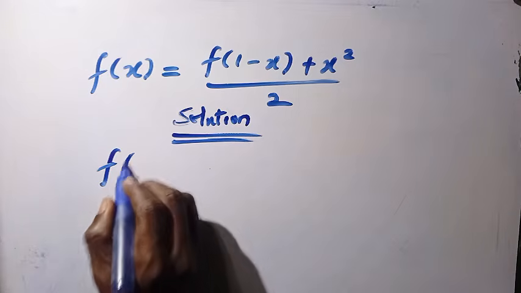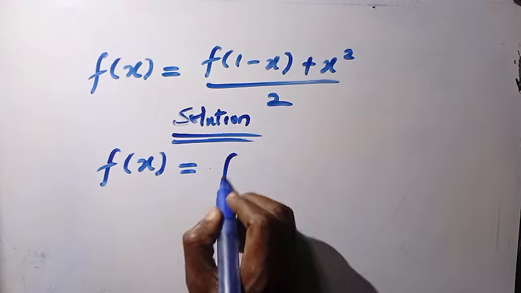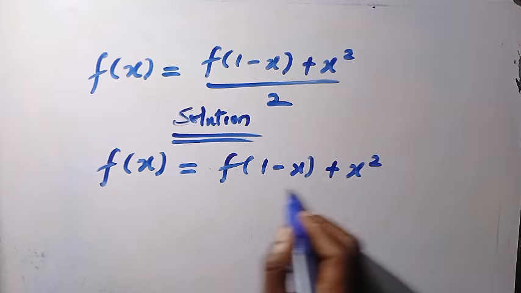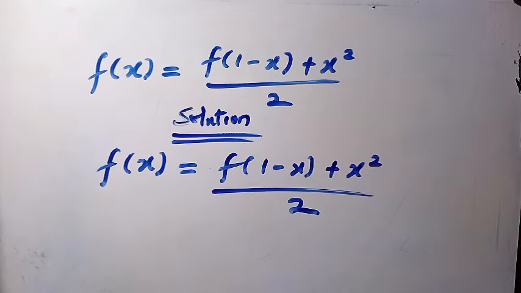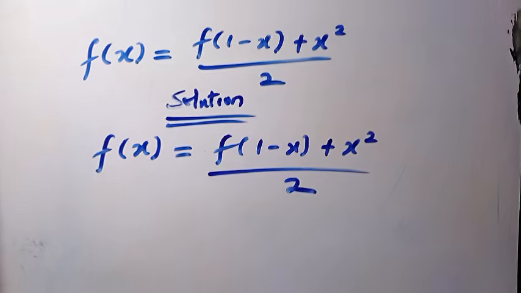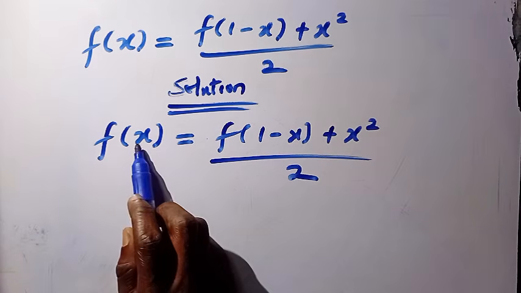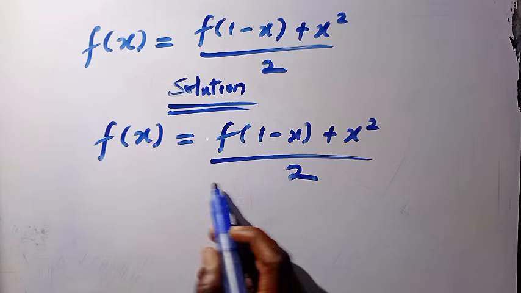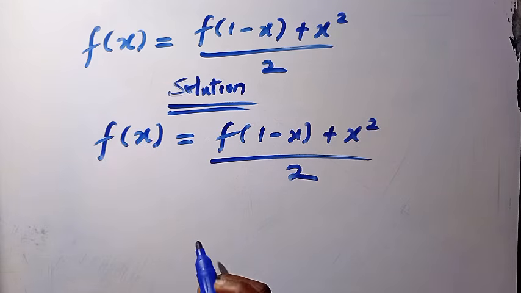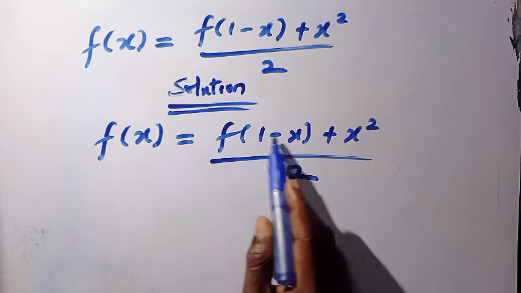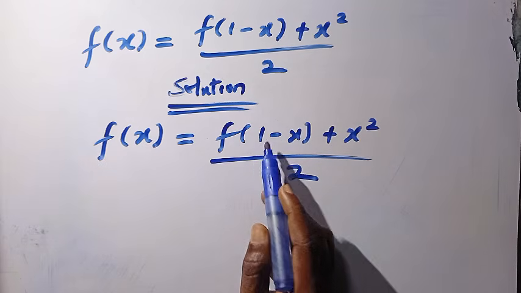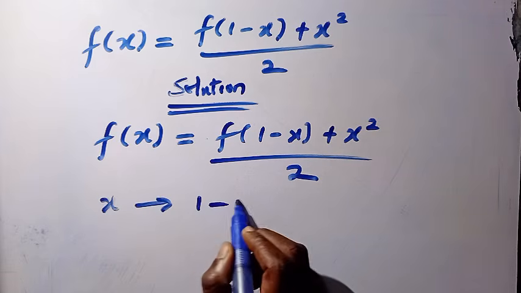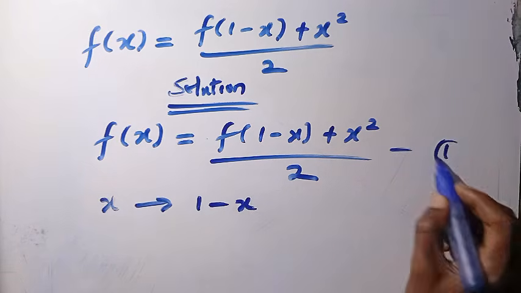Since what we are given is f of x equals f of 1 minus x plus x squared divided by 2, the first thing we are going to do is, since we have x here and 1 minus x here, and there's nothing we can get from here, the best thing we can do is look for something for f of 1 minus x by replacing x with 1 minus x in this equation 1.